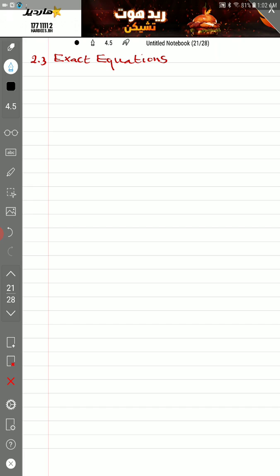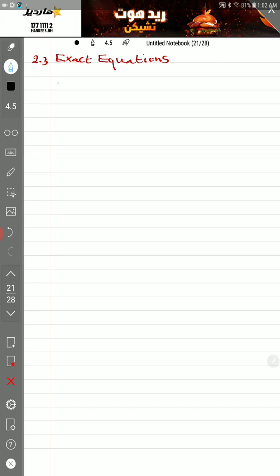So let's start writing our differential equation. We consider the differential equation dy by dx equal to f of x of y.